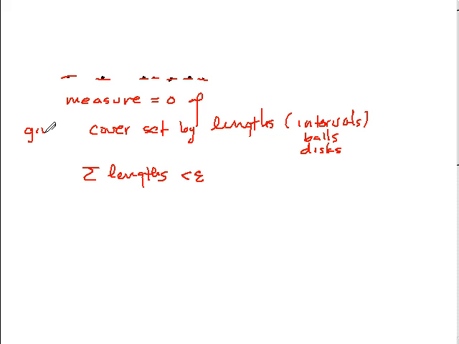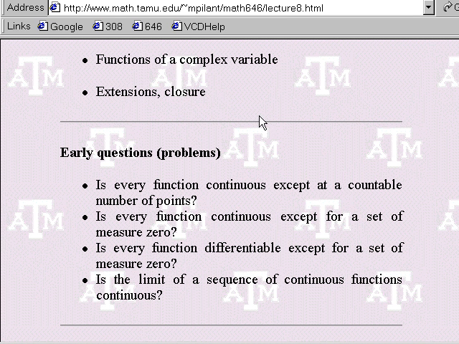So given any small tolerance, you can cover a set by the length of intervals that are smaller than epsilon. If you can do that for any epsilon, then the set of points has measure 0. Now certainly discrete points have to be a set of measure 0. But you can have an infinite number of points with a set of measure 0 also.